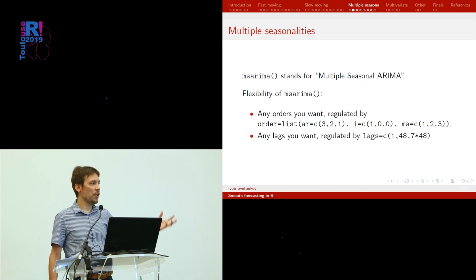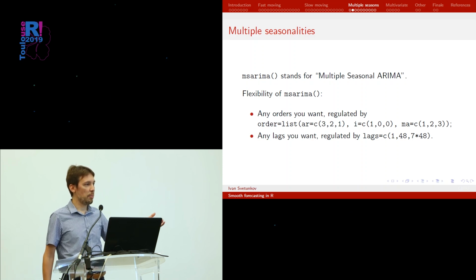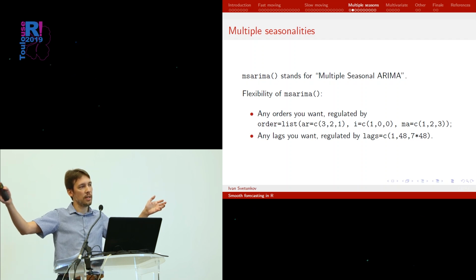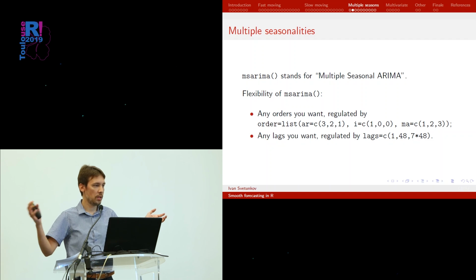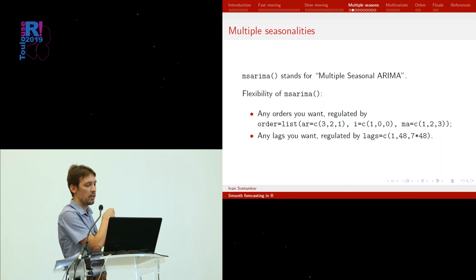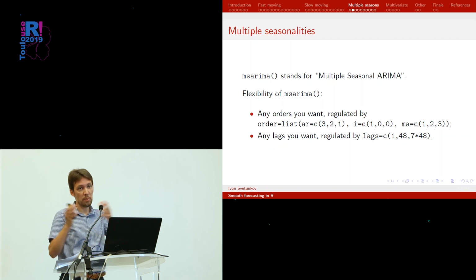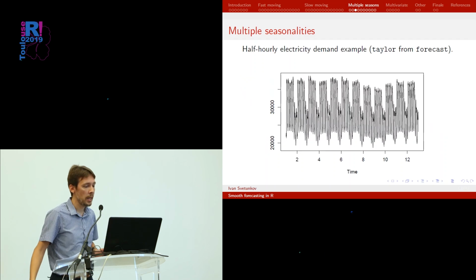It has different syntax than conventional ARIMA, and this different syntax allows you to include how many lags and orders you want. So here we have simple AR3 with lag 1, then seasonal AR2 with lag 48, and finally seasonal AR1 with lag 7 times 48. So we can make quite complicated things.